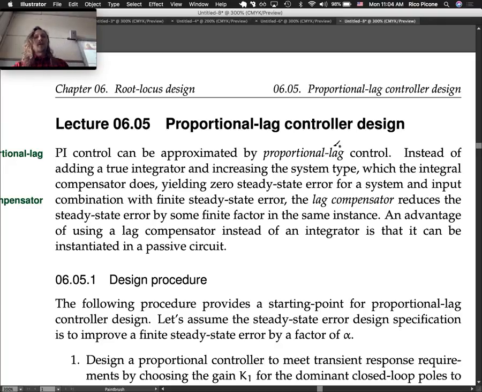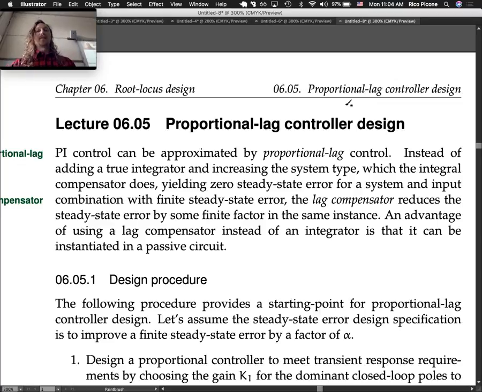PI control can be approximated by proportional lag control. Instead of adding a true integrator and increasing the system type, which is what including an integrator does, yielding 0 steady-state error for a system and input combination with finite steady-state error. That would be a PI controller, just like the example that we did.